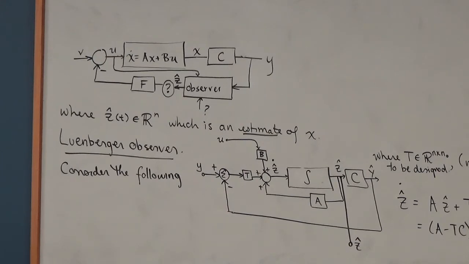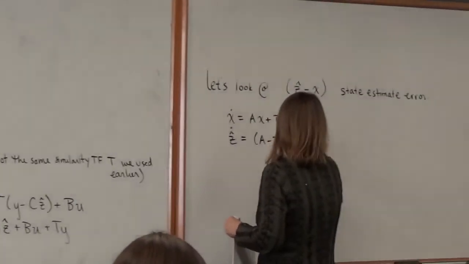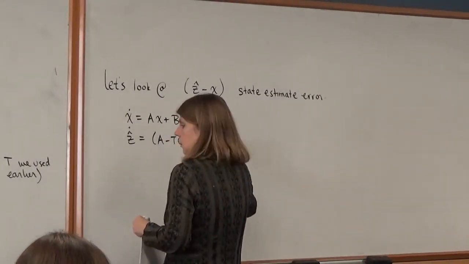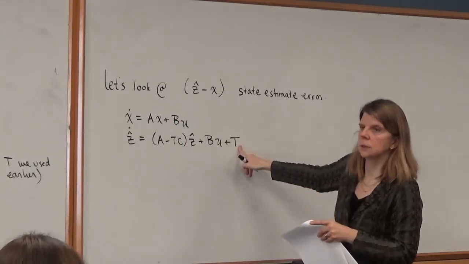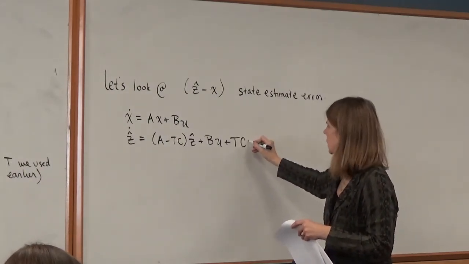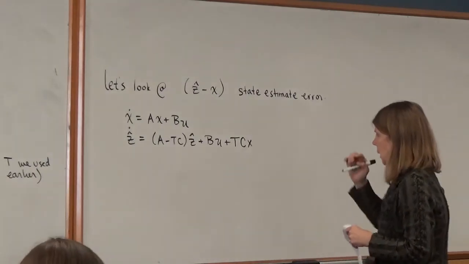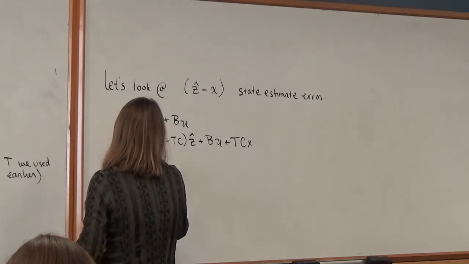And I have an equation for x dot. So x dot is equal to Ax plus Bu. And I have an equation for z hat dot, which is here. It's (A minus TC) z hat plus Bu plus Ty. What is y? y is equal to Cx, so I'm just going to rewrite y as Cx. And now I'm going to look at z hat dot minus x dot.